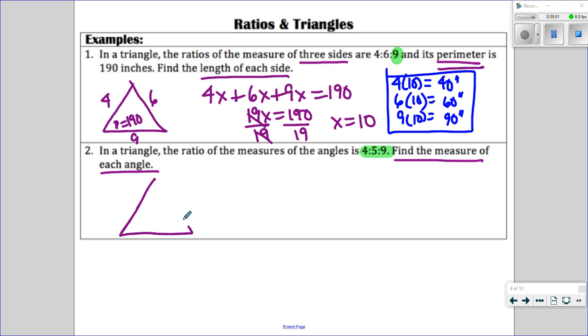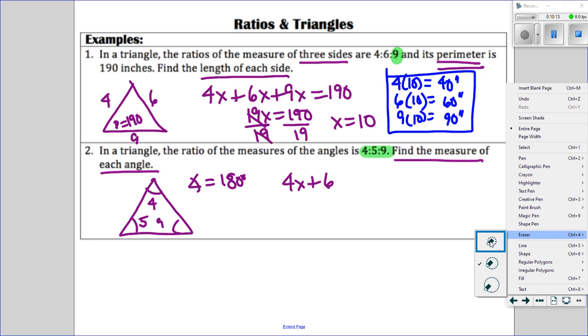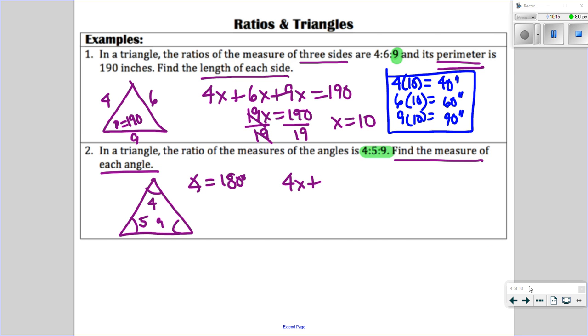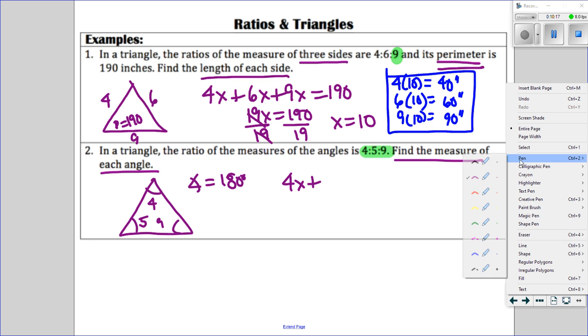And I'm going to draw the triangle, mark up the angles because they said angles. I know that the angles are going to give me 180 degrees for a triangle. So 4 to 5 to 9, we set up our equation. 4x plus 5x plus 9x equals 180.